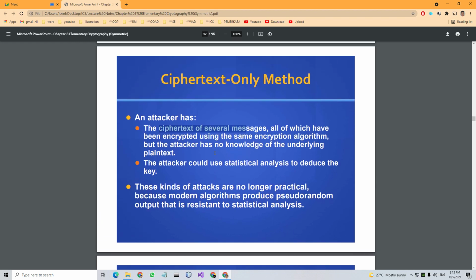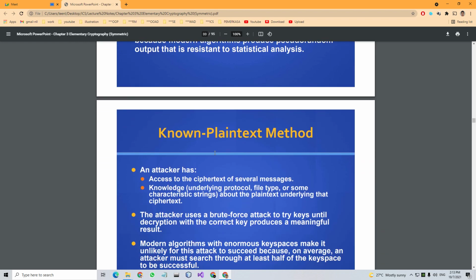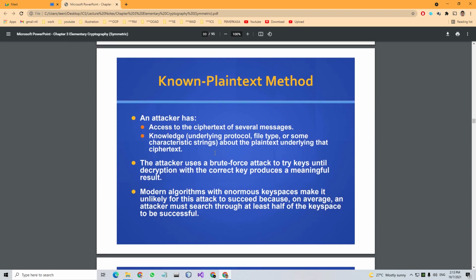Okay, good. This one, the known plaintext method, Noel? The attacker produces different cipher keys, and then uses them to decrypt different messages with different encryption.